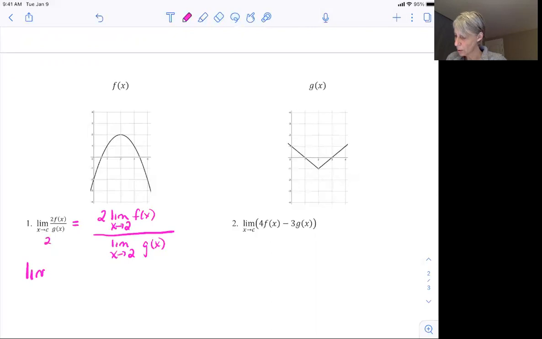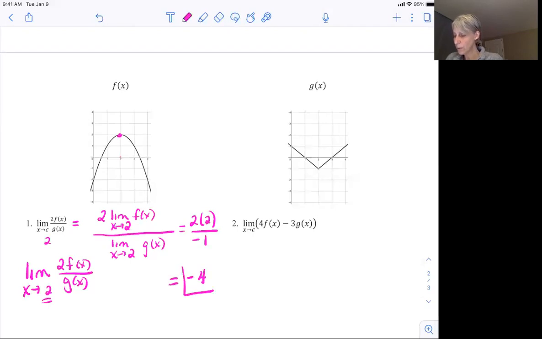So that's how the original problem should read. So our c value is 2. So the limit as x approaches 2 of f of x is 2, and the limit as x approaches 2 of g of x is -1. So our answer is -4.